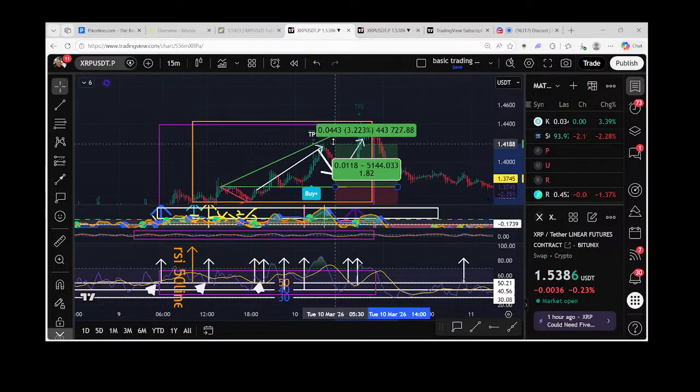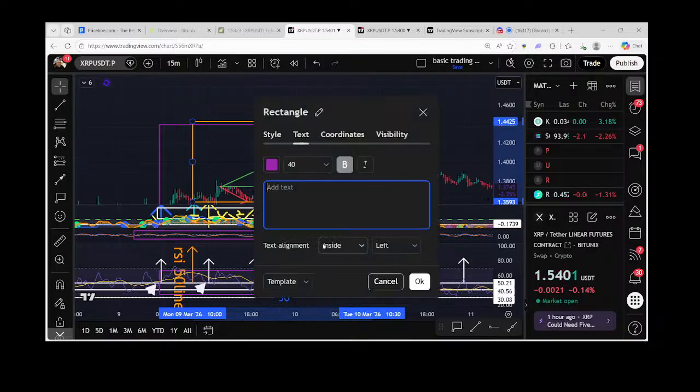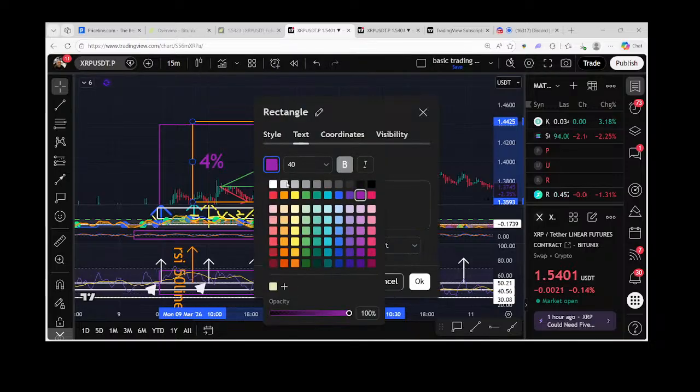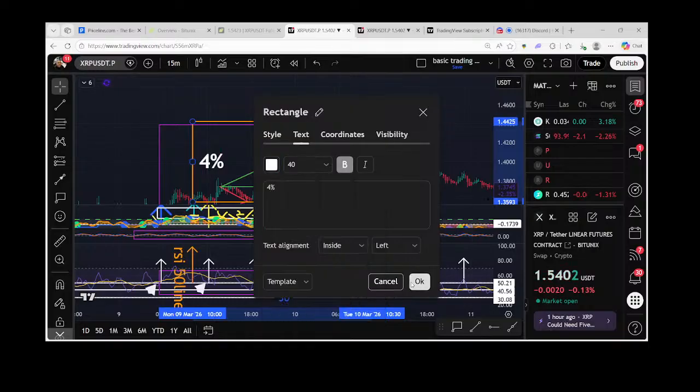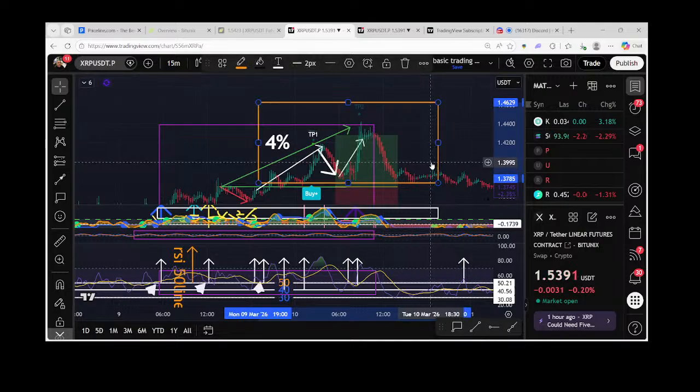So we'll go down to here and say 3.5, 4. We'll take the middle ground here. So this particular trade box gave us a 4% trade. Not a bad trade, pretty decent. Yeah, we'll lock it in there. But that's the gist of it, and that's how that trade pretty much ended right there.